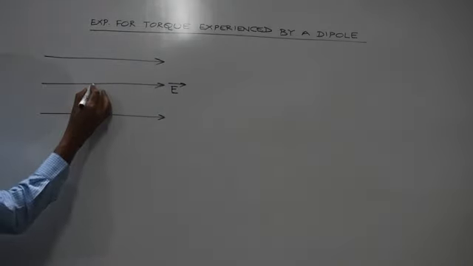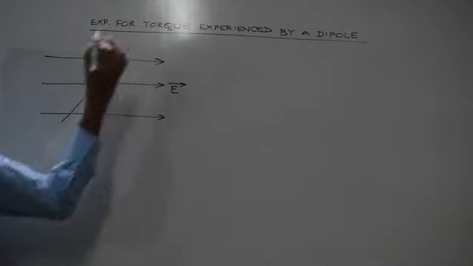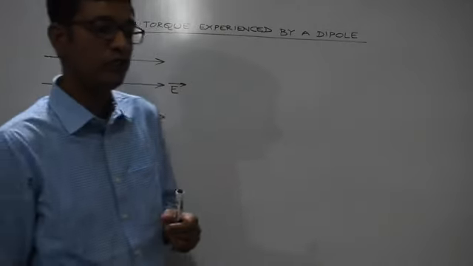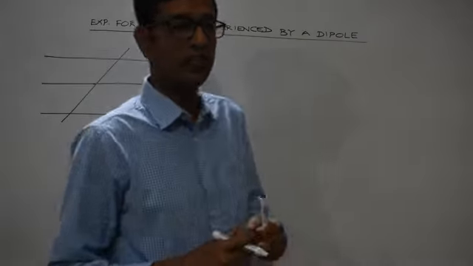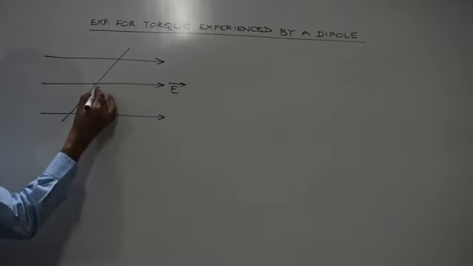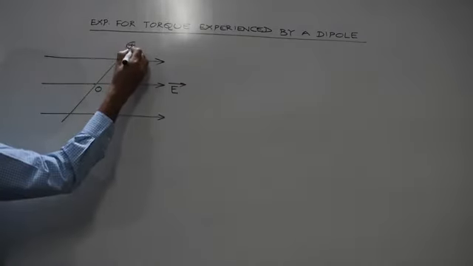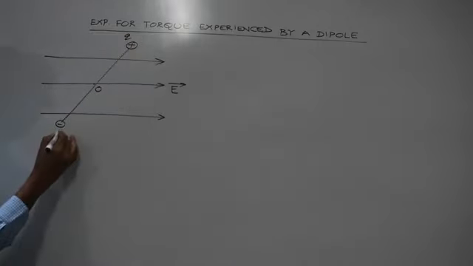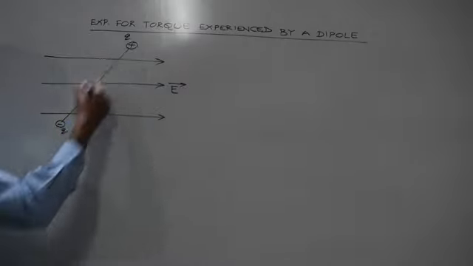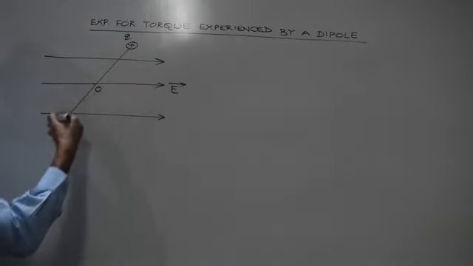So suppose a dipole, you all are aware, it's a system comprising two equal and opposite charges separated by a finite separation. That's an electric dipole. Suppose this is the center of the dipole and this dipole is placed under the influence of this uniform electric field. This is the dipole length, the distance between these two equal and opposite charges, 2a.